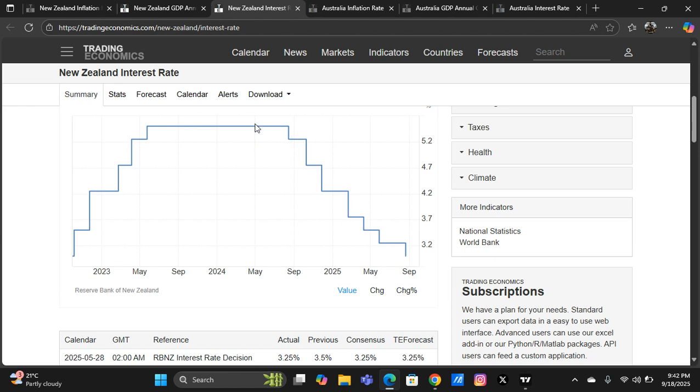So with that economic response, what we anticipate is that the Reserve Bank at some point will hold interest rates. As you can see, our interest rates are at 3%, and we're trying to buy those currencies ahead of the interest rate hold.